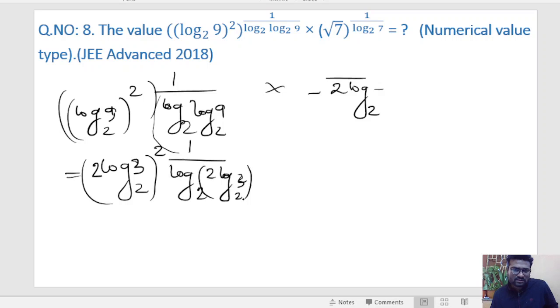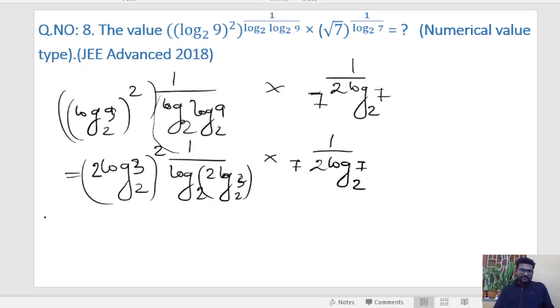Sorry, this portion is deleted. We have 7 to the power 1 by 2 log of 7 base 2.